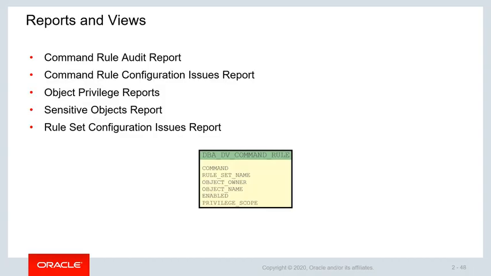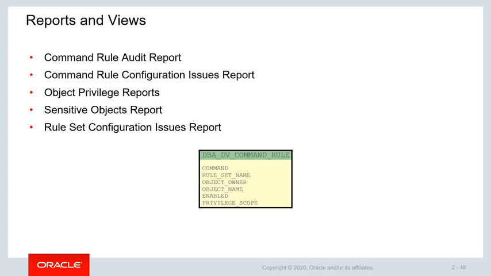Now there are several reports and views that you can access that give you information related to the command rules. So the command rule audit report will list audit records generated by command rule processing operations. The command rule configuration issues report will track rule violations in addition to other configuration issues that the command rule may have.